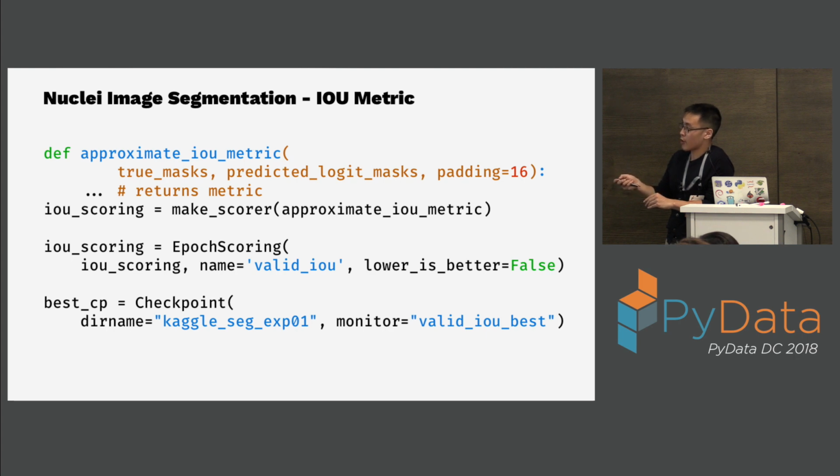In this case, you have another directory name. This is important because the experiment we did before is in another folder. This saves the state of your model in another directory. And in this case, we want to monitor the validation IOU of this scoring. So validation IOU, and you want the best of it.